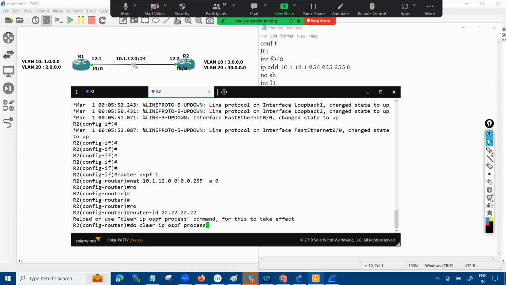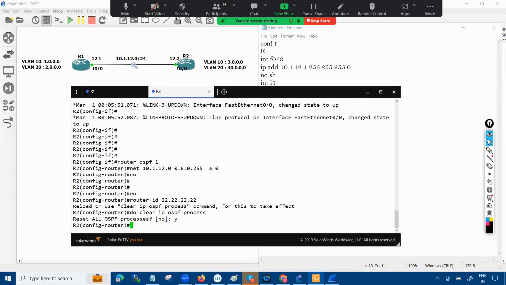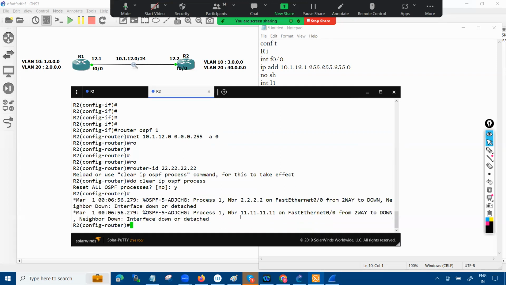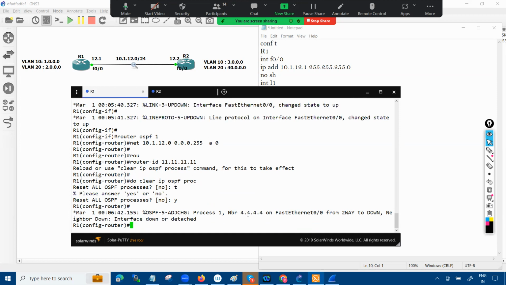So if you want to change the router ID, you need to restart the process. Previously the router ID was 2.2.2.2 because of the highest loopback. Now it's 11.11.11.11. Same thing on the other one, if you see. Okay, wait for some time more.